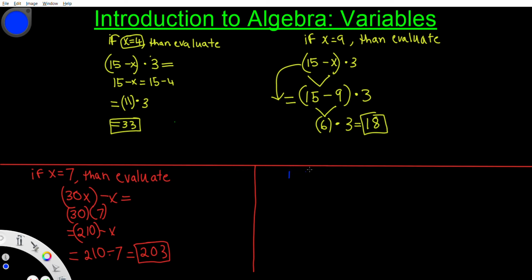If z equals 4, then evaluate the following, which is 72 divided by z, which are in parentheses, plus z minus 5.